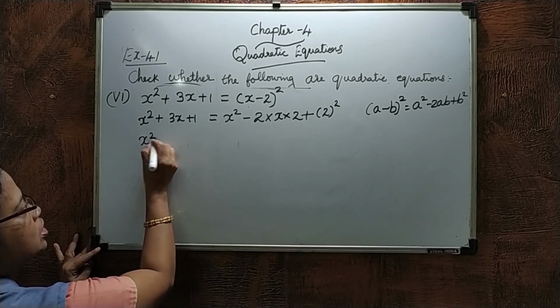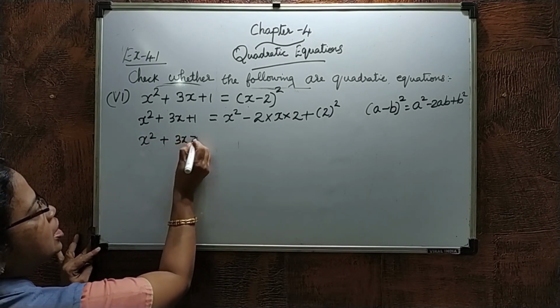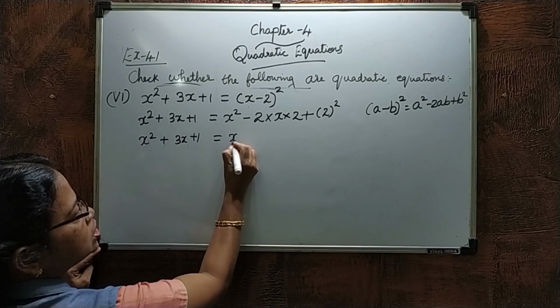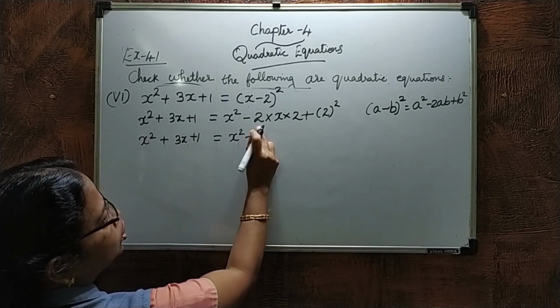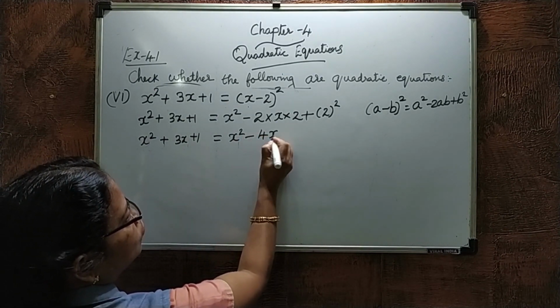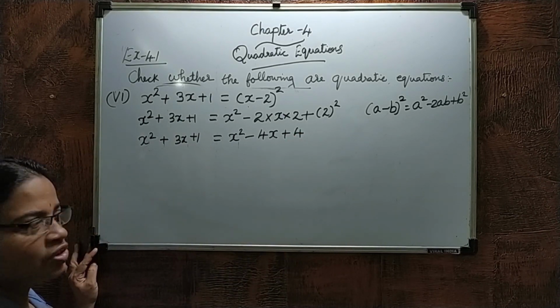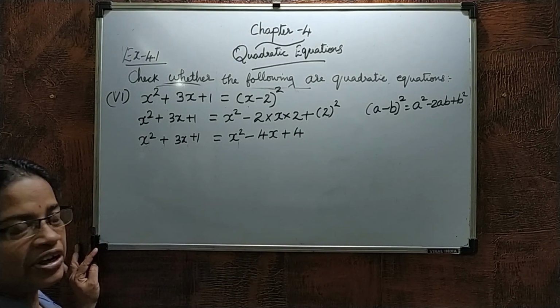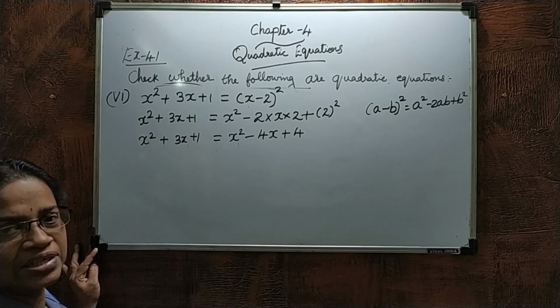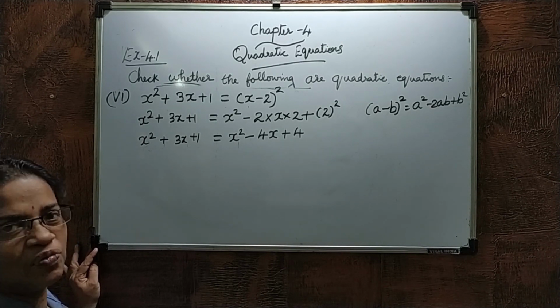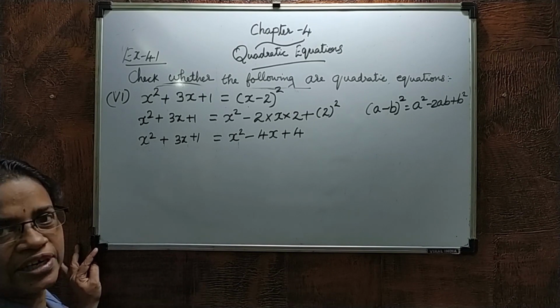Again it will be x square plus 3x plus 1 equals x square minus 2 into 2, 4, 4x plus 4. What you have to do now? Find out whether anything is same as the exponent, as the variable with the sign on both sides.